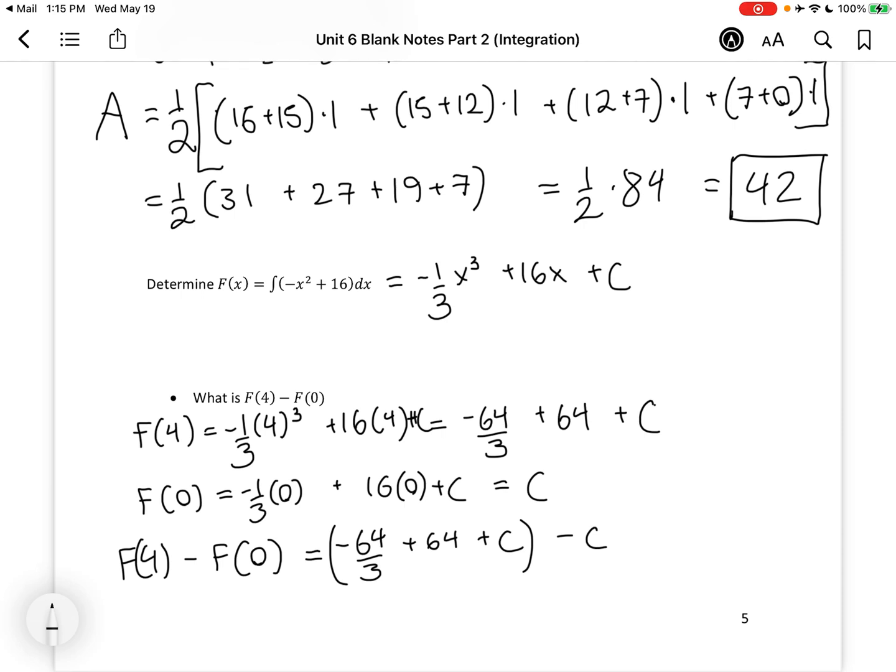C minus c is 0. So that's just negative 64 over 3, and then plus 64, I'm going to write that over 3. So 64 times 3 is 192. So plus 192 over 3. And 192 minus 64 is 128. So that's 128 over 3. And 126 over 3 is 42. So that's 42 and 2/3.